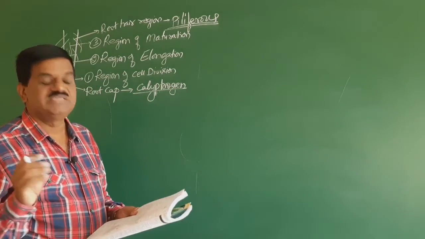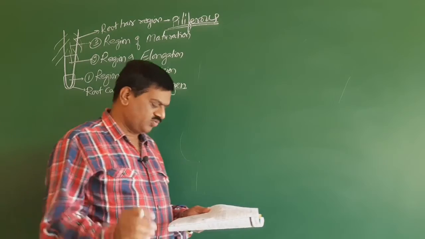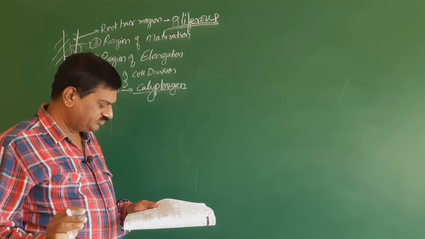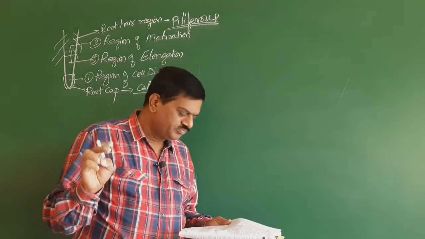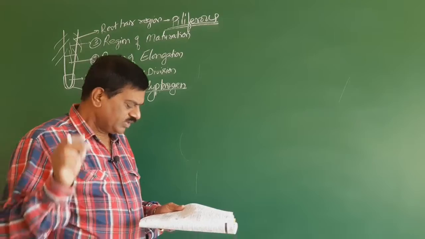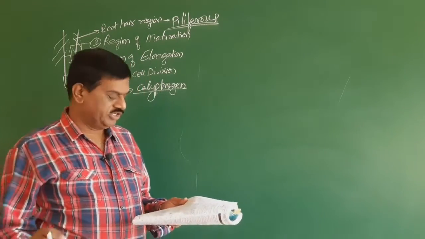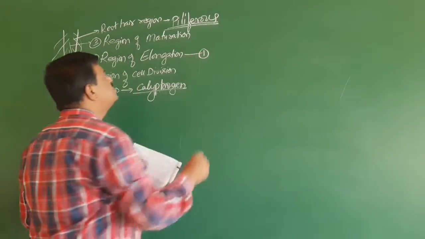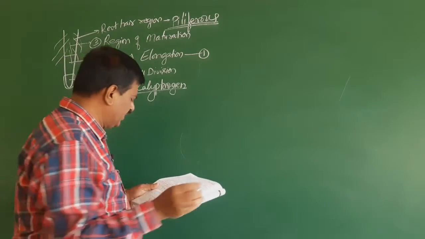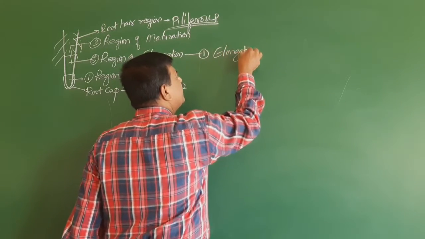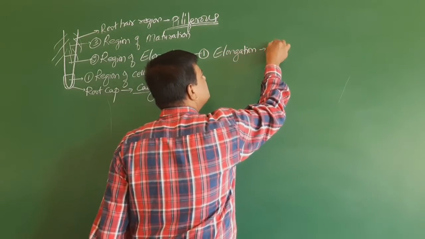Growth is maximum in the zone of. The first one is cell elongation, the second one is cell division, and the third one is cell maturation. So the first option is elongation. We know that in cell elongation, the rate of growth is maximum.